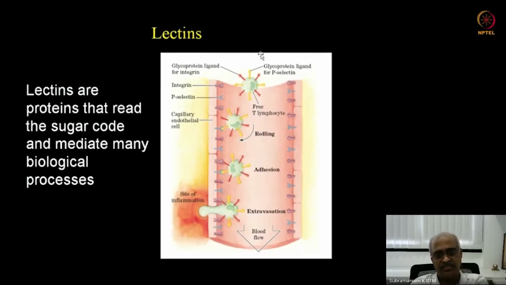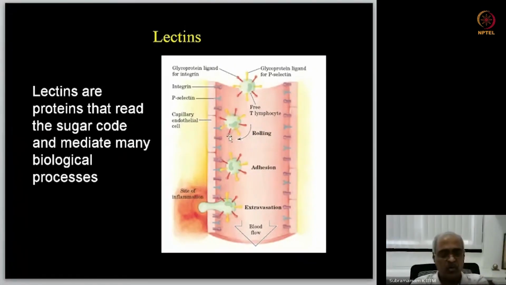As they keep going through the bloodstream, their surface molecules, this carbohydrate extension of the glycoproteins, are bound by lectins, called P-selectin in this case. When they bind to P-selectin, their flow is slowed down. And then when they detach and move, they slowly roll along the walls, and that's why it's called rolling motion.